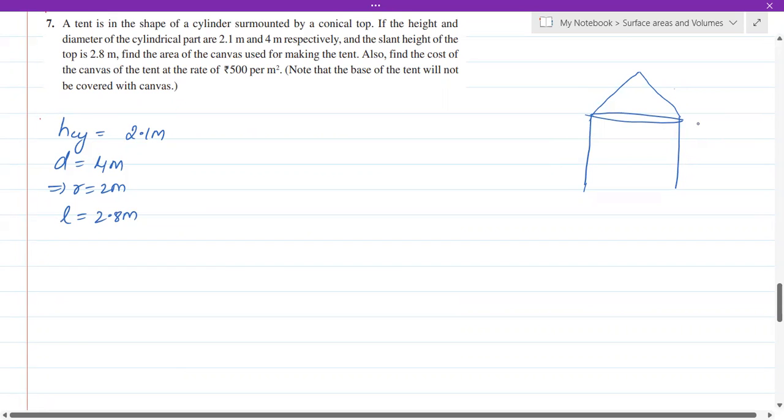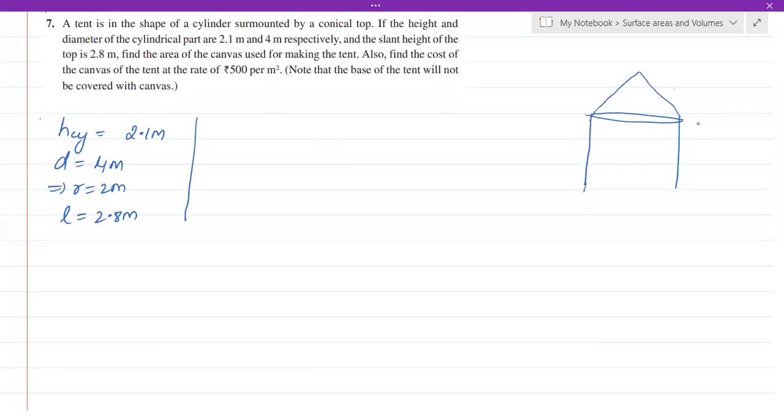Therefore, the required area, the area of the canvas used, will be equal to CSA of cone plus CSA of cylinder.